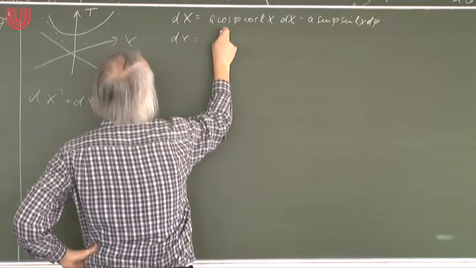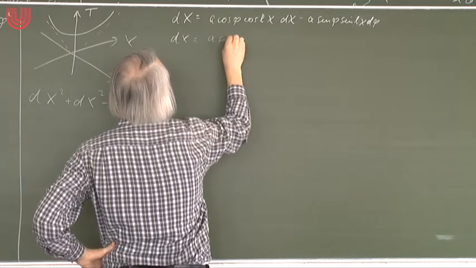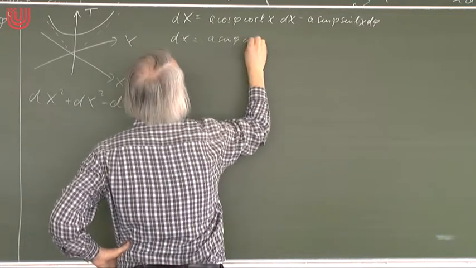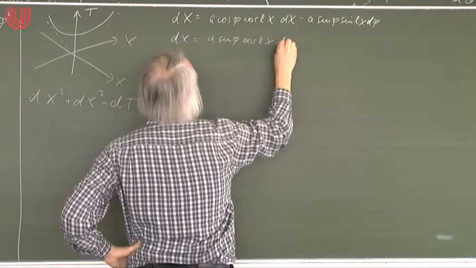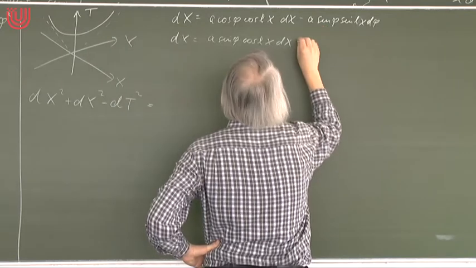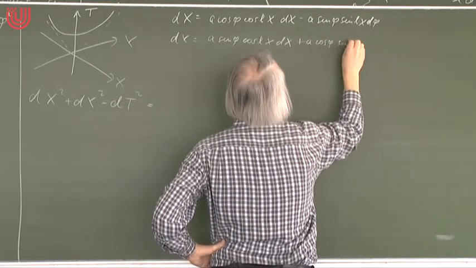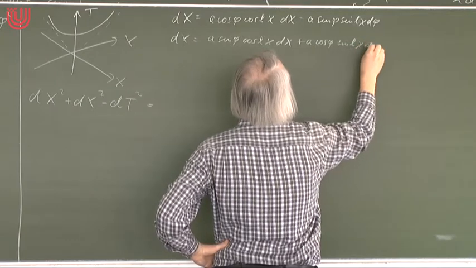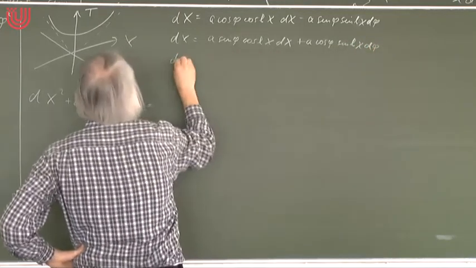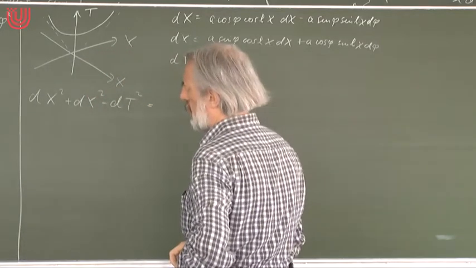And dy is the same thing with the cosine replaced by the sine. So this is a sine phi cosh chi d chi. And the derivative of sine is plus cosine. And the t is what? Derivative of cosh is sinh.